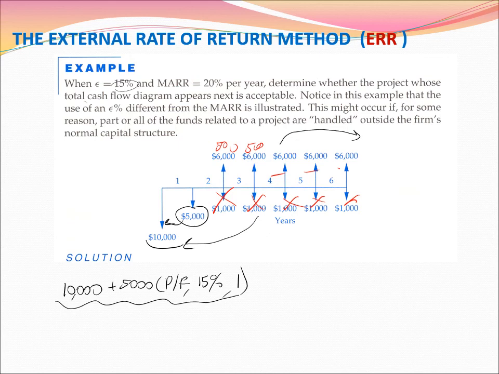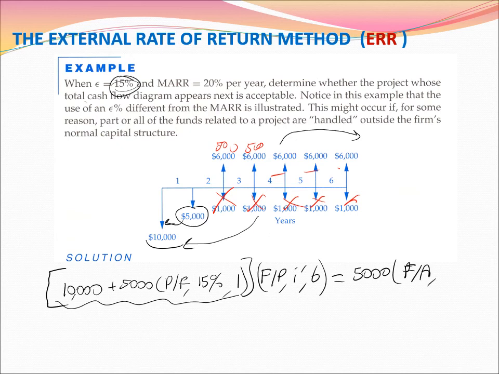And if I multiply this whole amount by F given P, I%, and 6, it will be the future value. And I will make this future value equal to the future value of the revenues, which is the net revenue each period, F given A, again the external interest rate 15%, and the number of periods is 6.